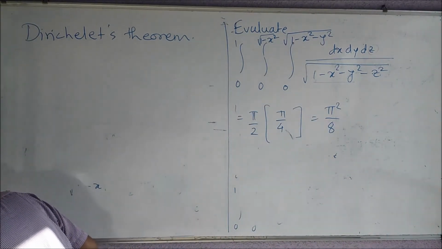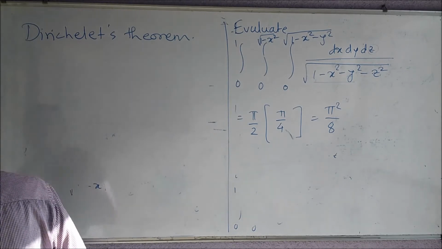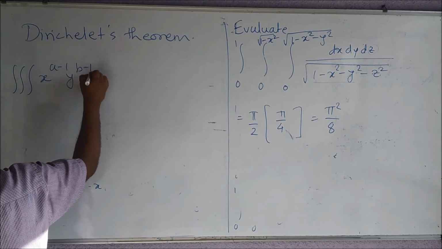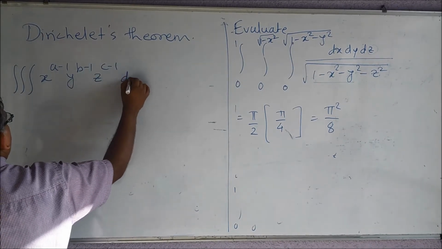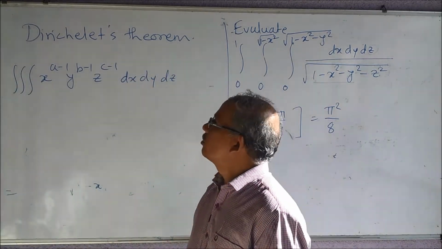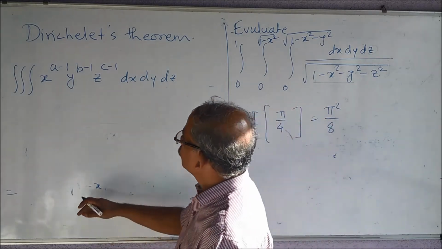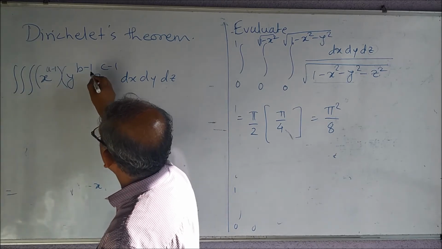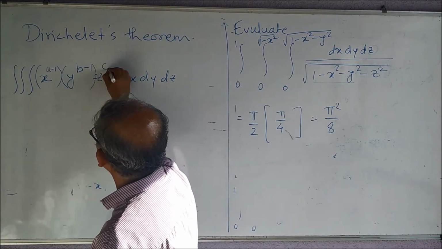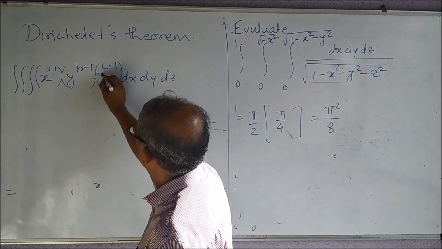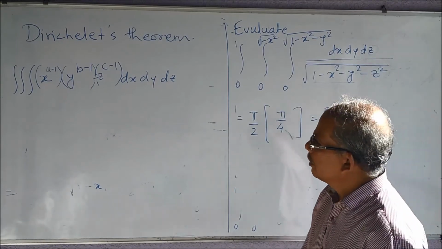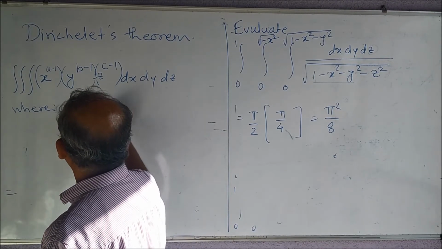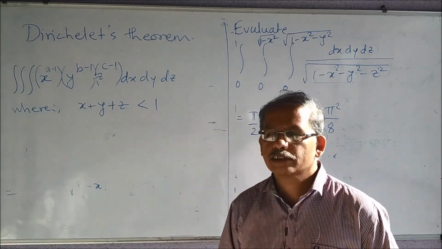So it says that the triple integration of x raised to a minus 1, y raised to b minus 1, and z raised to c minus 1, dx, dy, dz, where x plus y plus z is less than 1.